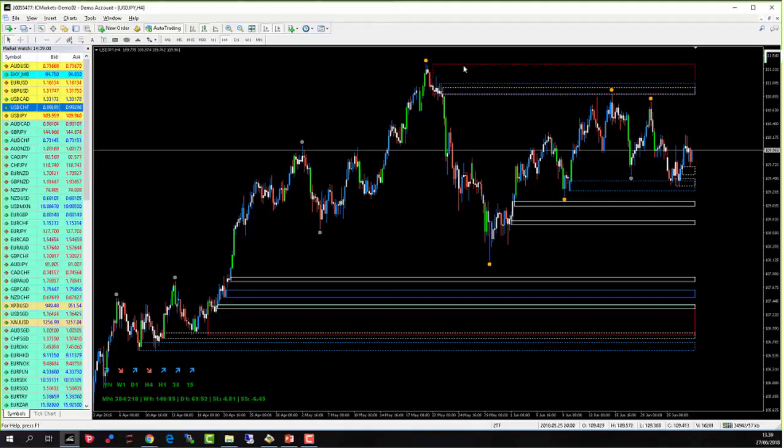And these boxes up here, you can see that these are dotted, they have a dotted edge. And this is because they have been tested. And they were all tested just here. The low of the daily, 4 hour and the 1 hour supply lined up very nicely. Price poked into those. And then we saw a very, very nice release. And this box had a solid border until price tested it. So now this has been violated.